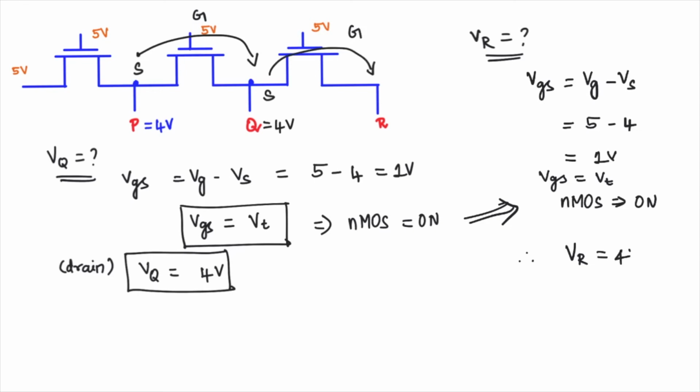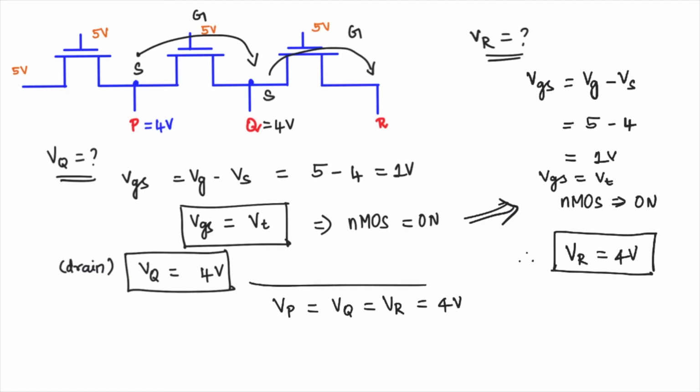So that is also again 4 volts. Therefore the final answer is VP equal to VQ equal to VR. All these are going to retain 4 volts.